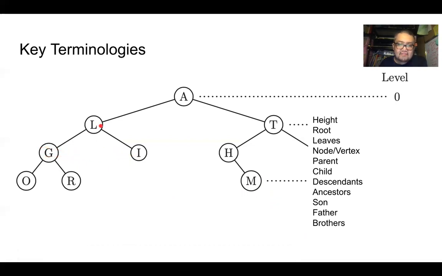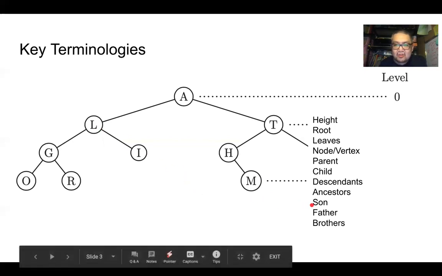Maybe just as a disclaimer, as you can see, we have masculine terminologies. We are using son, father, brother. This has nothing to do with gender or being more masculine in our terms.